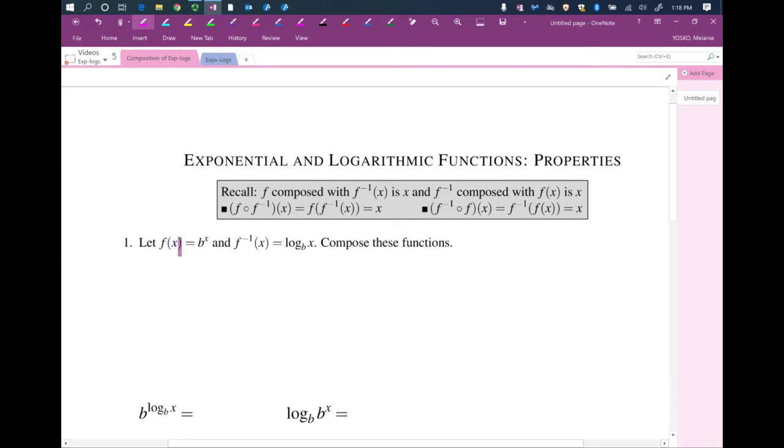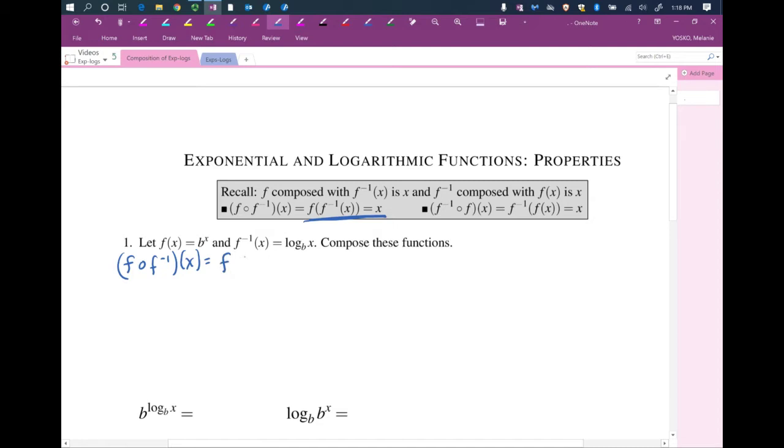We've named f of x b to the x, and f inverse is log base b of x. Didn't really matter which one we chose, and we're just going to compose them. I just happened to pick f of x equal b to the x. It's my first choice. So if we're going to compose these functions, we have f composed with f inverse with an input of x. Well, we know that this can be rewritten in this method here.